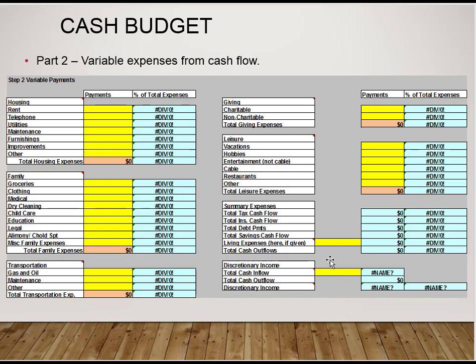Now we have the total cash outflow, that's this number here. The difference is what we refer to as discretionary income. Couple of ways to think about discretionary income. It says, look, you have paid all of your bills and this is how much is left over.